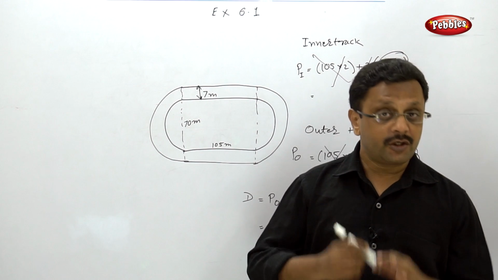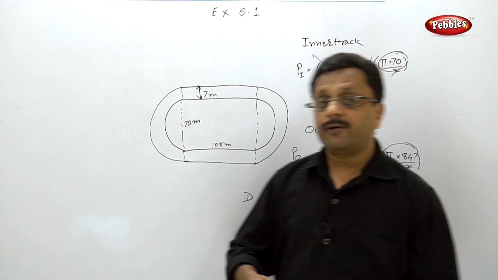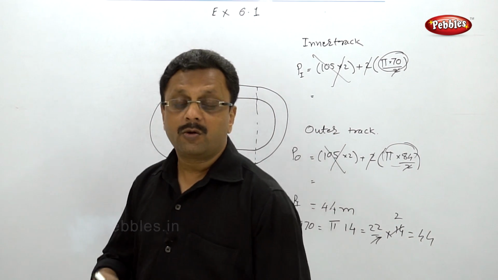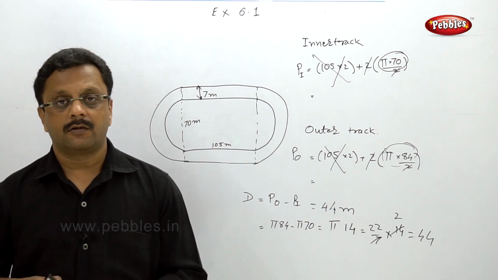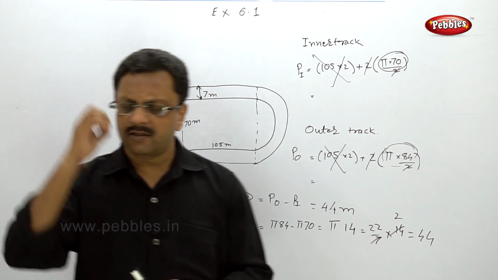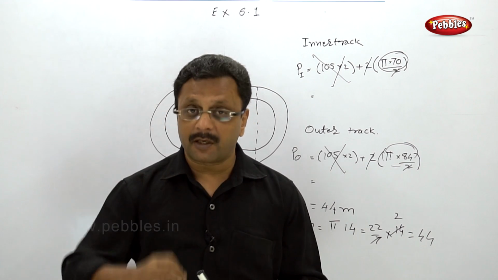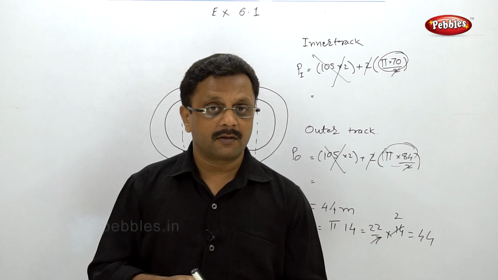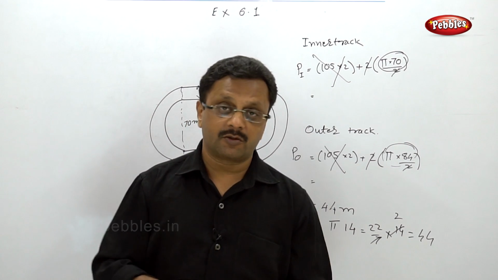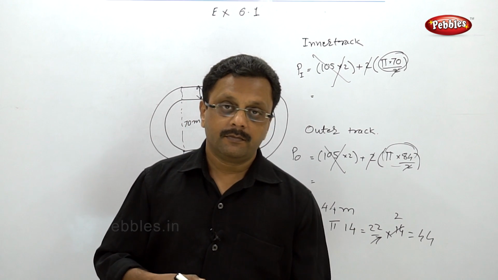This is only to teach you that whenever you get a problem, don't directly start solving it. For 5 seconds, just think over it. Can this be solved by any simpler method, any smart method? Can some of the calculations be avoided?